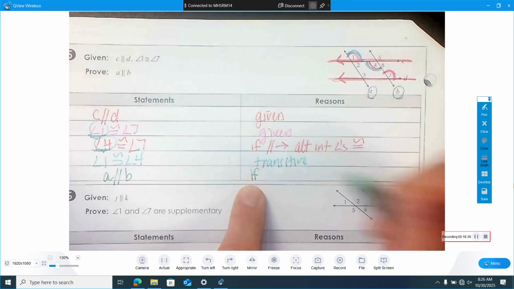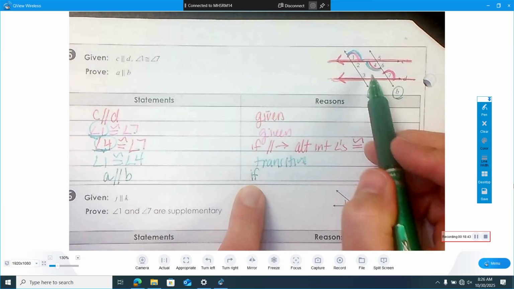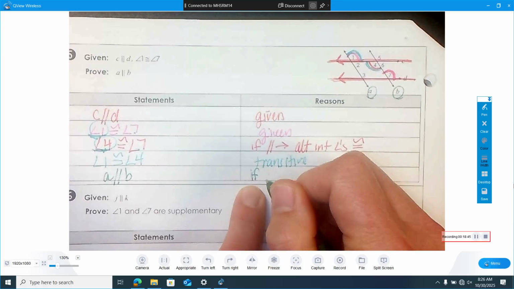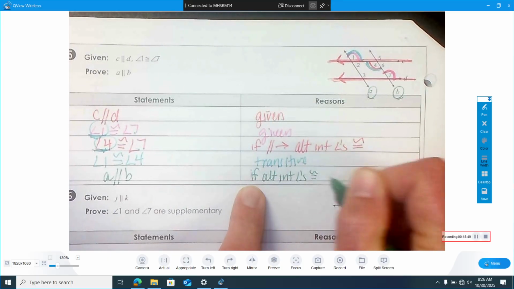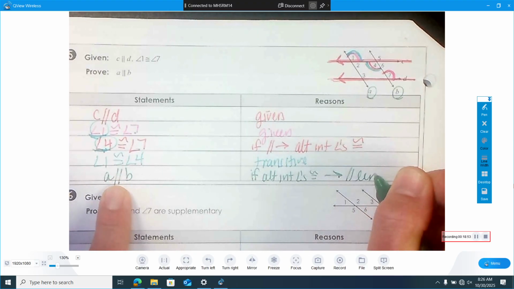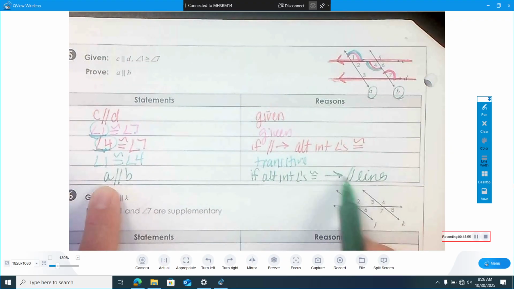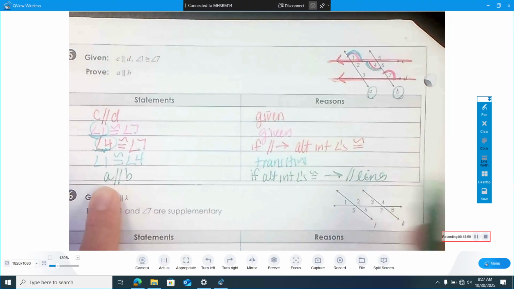Because if alternate interior angles are congruent, then the lines are parallel. I am proving my parallel lines. So we want to prove parallel lines.